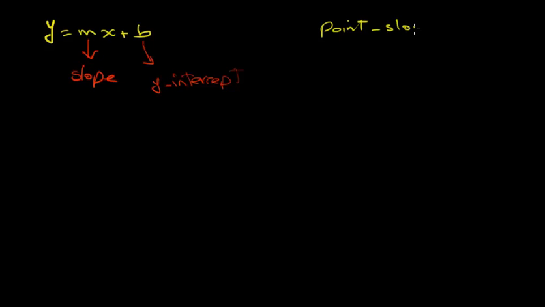In slope-intercept form, y equals mx plus b, you have the information that you need to write an equation: the slope m and your y-intercept. But sometimes the slope of the equation is not given to you. In that case, you need to use a second formula, which is called point-slope form.